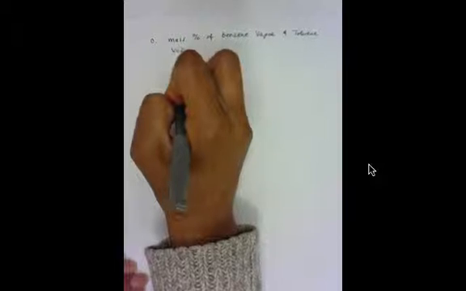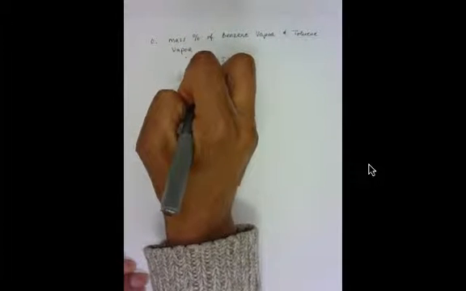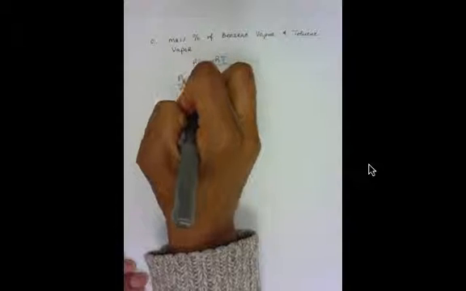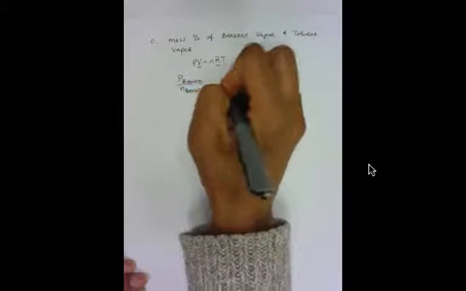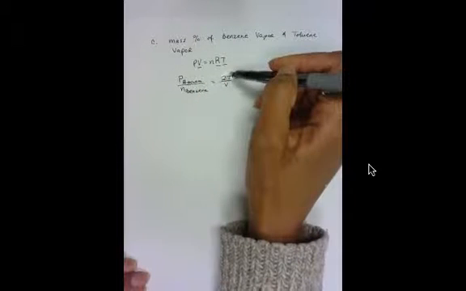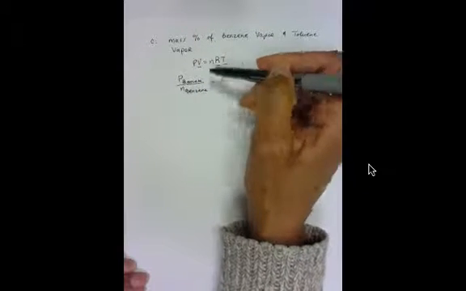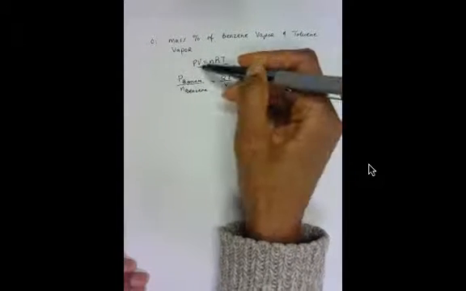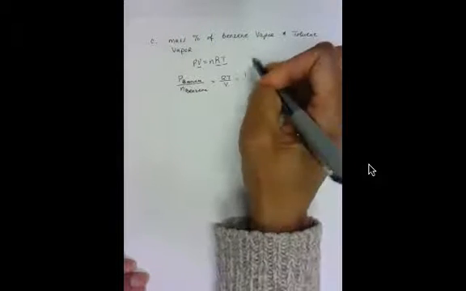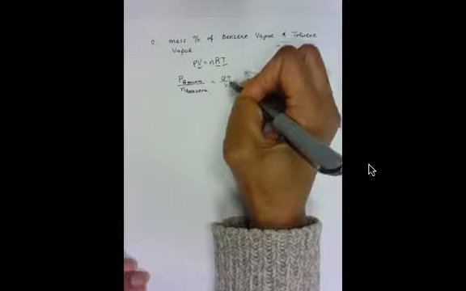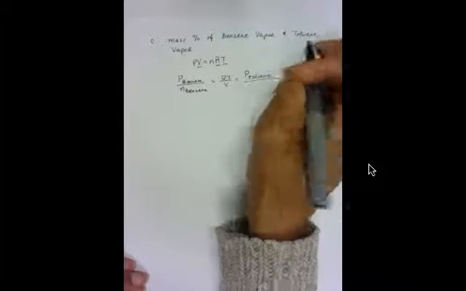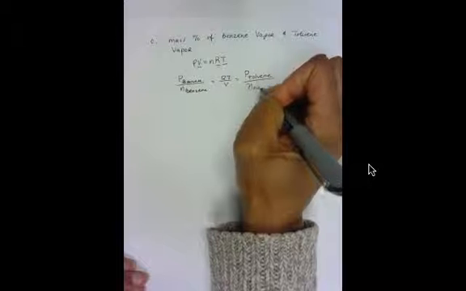For benzene, we can say that the pressure of benzene over the number of moles of benzene equals RT over V. This is a constant for both benzene and toluene because, again, both are at the same volume, R value, and T. So we can say that this value also equals the pressure of toluene divided by the number of moles of toluene.